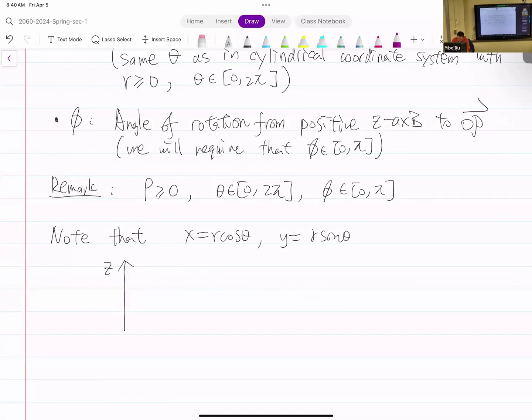So the point P is right here. We have the distance rho and we have the rotation phi. But then the projection down to the xy plane is going to be somewhere like this. So the elevation is the z value, and this is P prime, and the distance from the origin, O to P prime, is r. And this is 90 degrees.